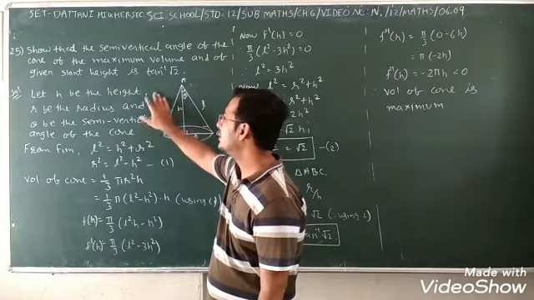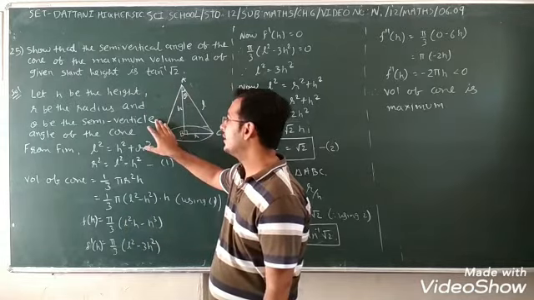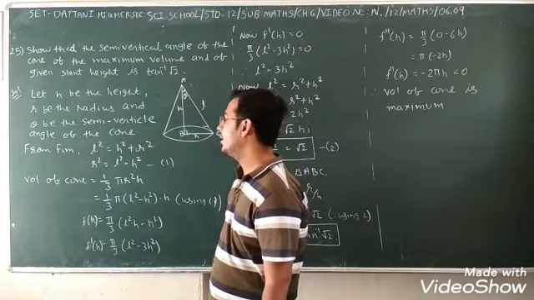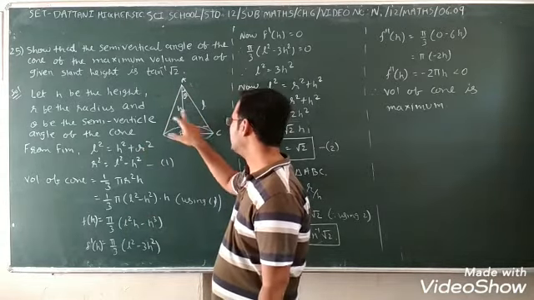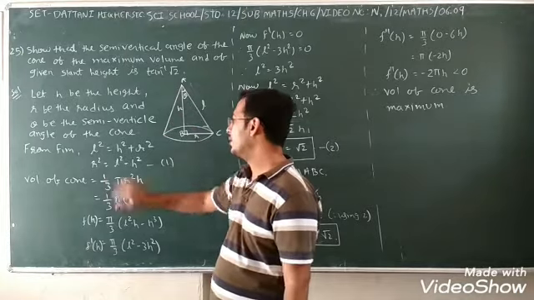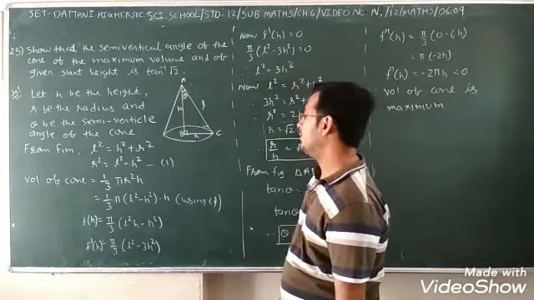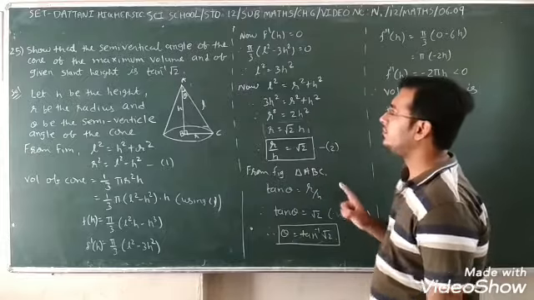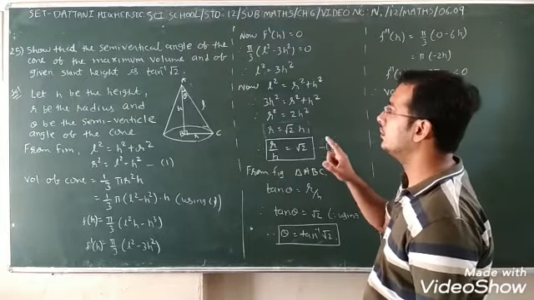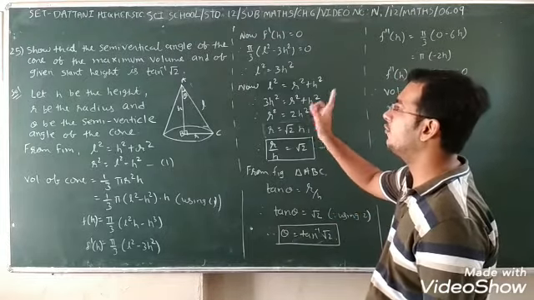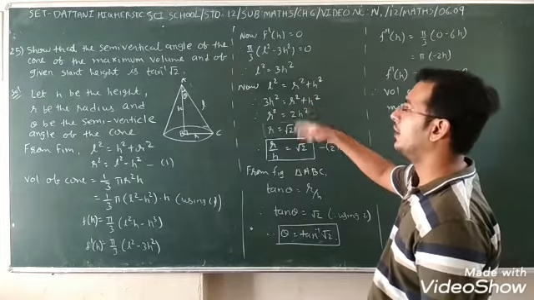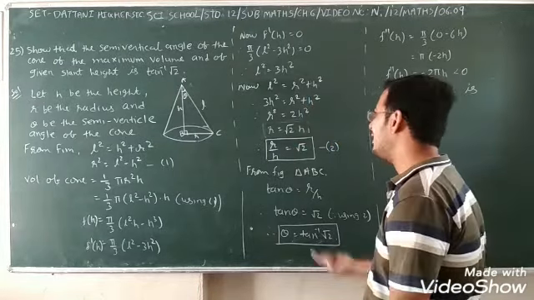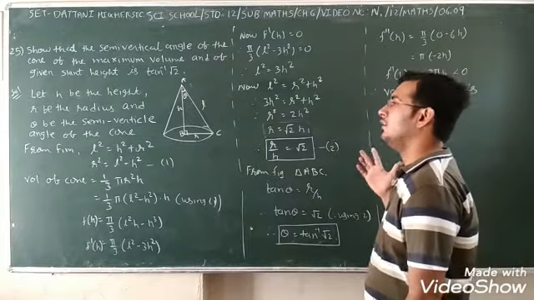Let h be the height, r be the radius, theta the semi-vertical angle of the cone. From the figure, L square is equal to h square plus r square. So here we have to use the volume of the cone.